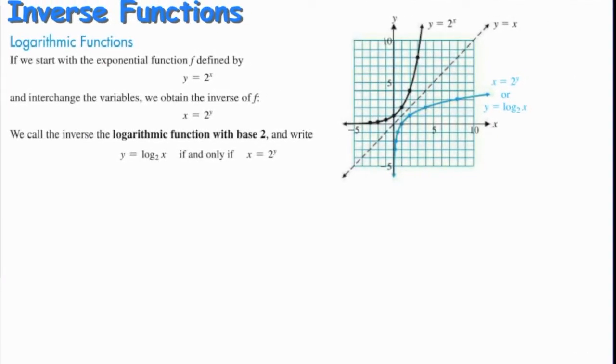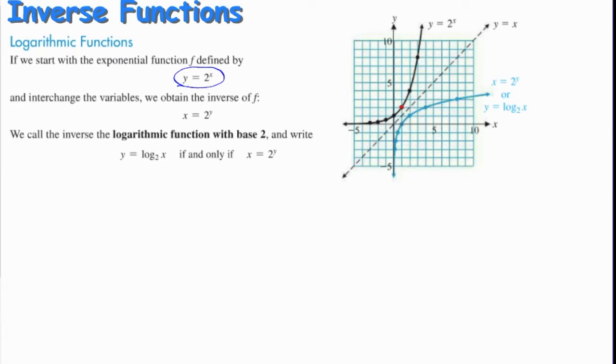So we're going to derive where the logarithmic function comes from, and we start by taking y equals 2 to the x, our exponential. And if we plot a bunch of points, you see that we get this graph up here. All of the points, we plot them, we go, great, this is the exponential function 2 to the x. But if we were to take some of these points, so right here, this is the point (1, 2).